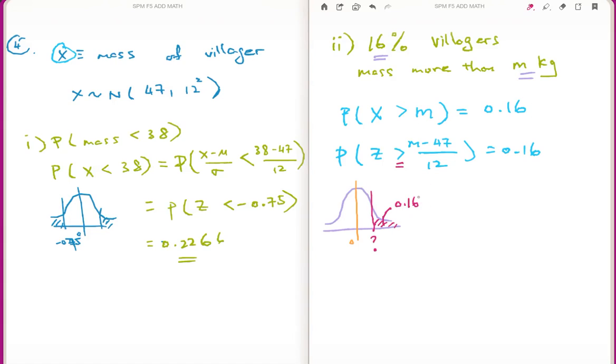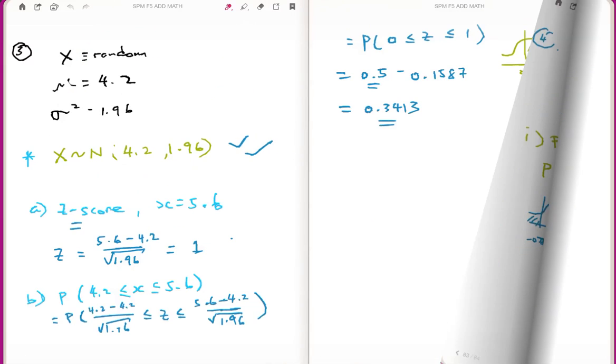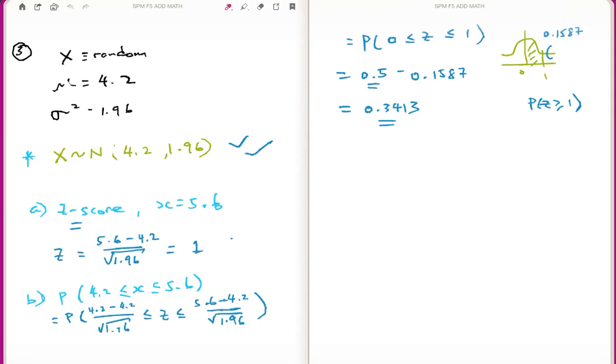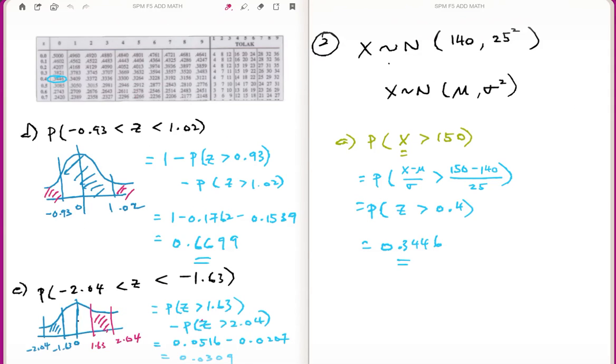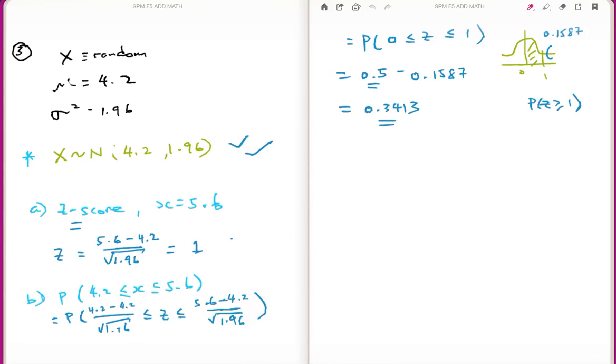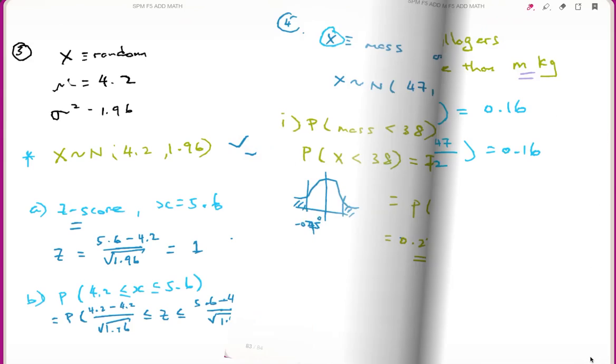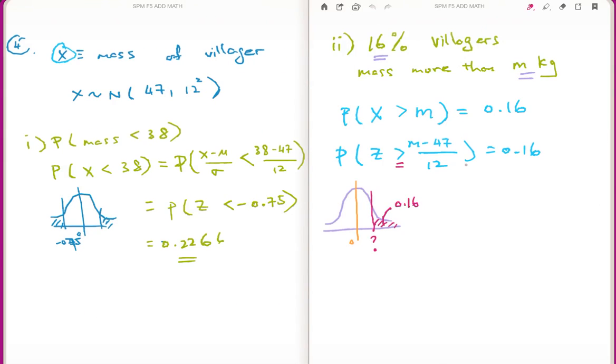So you look back into your logbook. You need a logbook here. 0.16, where is it? It is here. Oh, not lucky enough. Now they give you whatever is here, and you need to look for the number here and here. This is what the question is all about. It's quite fun to do that.